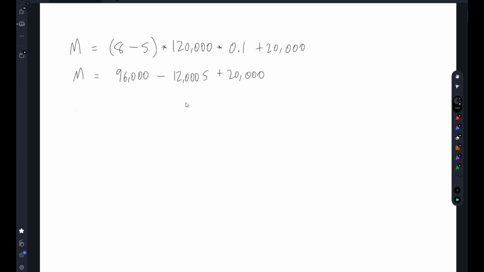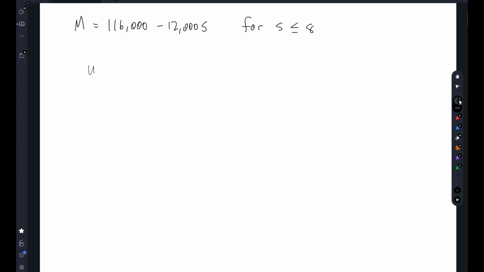And so our new budget will be M equals 116,000 minus 12,000 S. Note that this equation only holds for S less than or equal to 8. Once S equals 8, then the income is just going to be 20,000. This line actually keeps going past 8, but we know that our manager cannot shirk more hours than they have available. Our utility function will be the same as before.